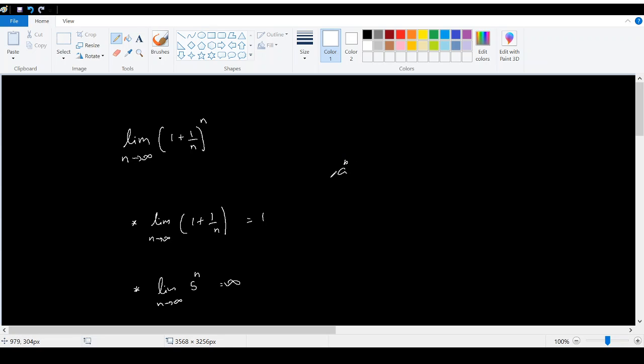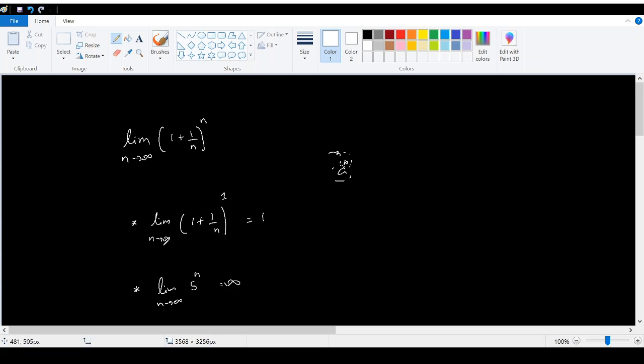That is, you can do the substitution for the base if the power does not depend on n, and you can do the substitution for the power if the base does not depend on n. So for example, now see here, the power is 1, which does not depend on n, right?